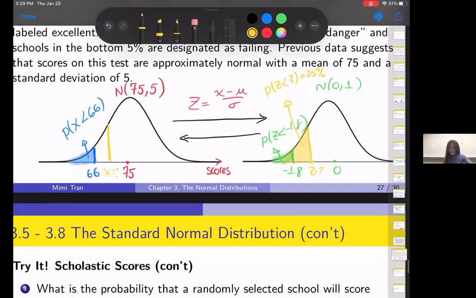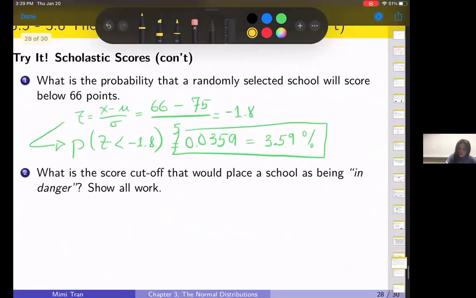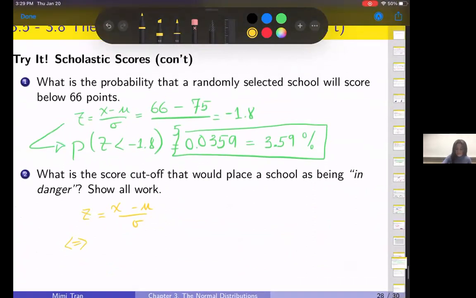Again, that standardized score formula: Z equals X minus mu divided by sigma. We want X, because they're asking for the score.